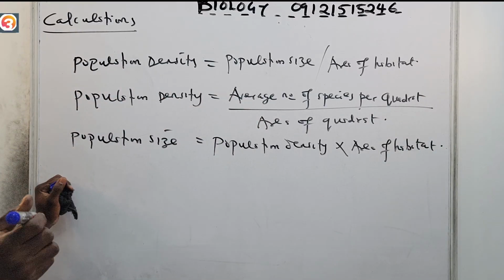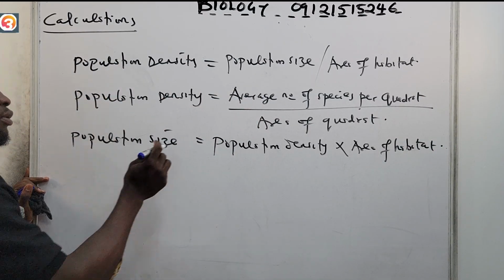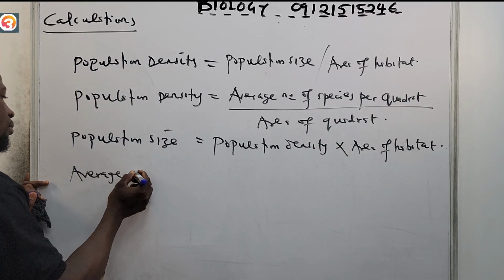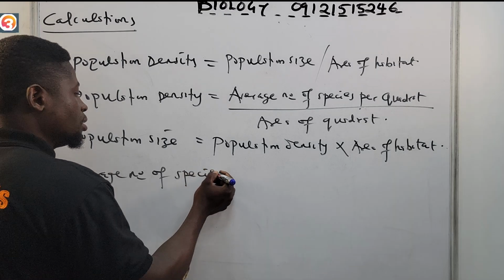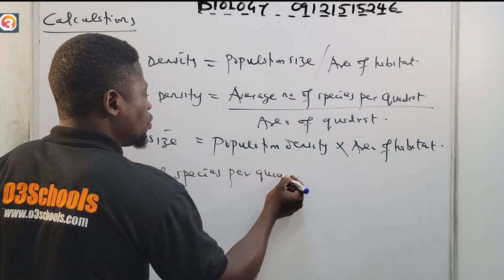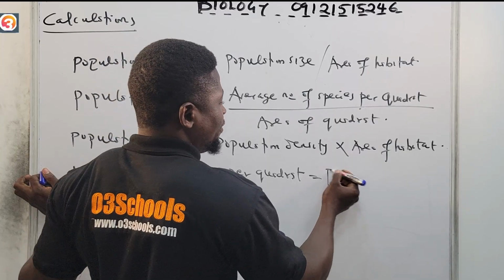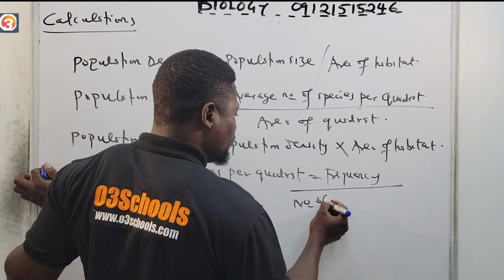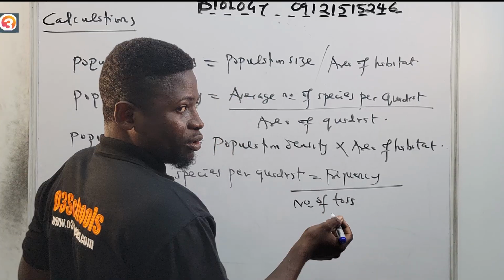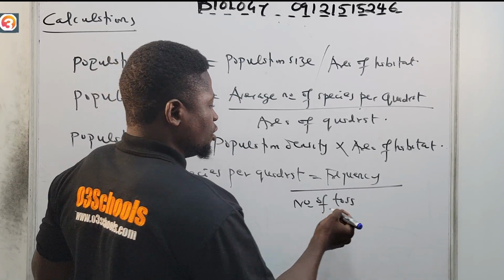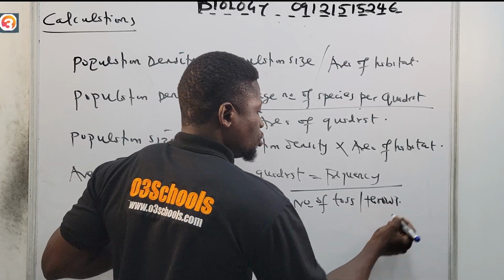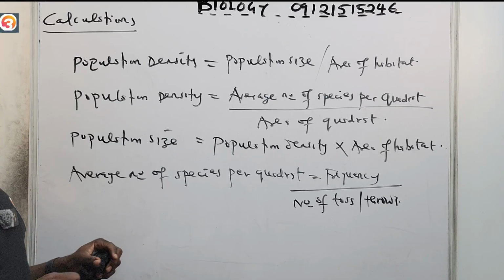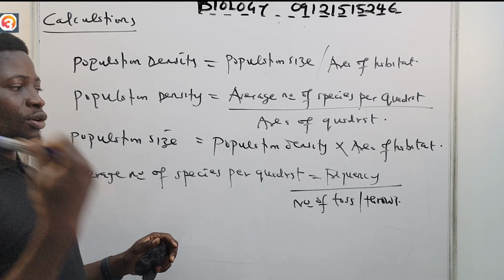Then we also said that the average number of species per quadrat is equal to frequency over number of tosses, for the quadrat method. You toss or throw the quadrat. So the average number of species per quadrat equals frequency over number of tosses or throws.